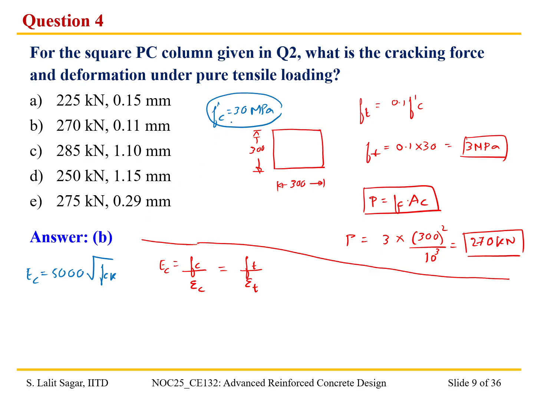First, we are going to convert this cylinder strength into the cube strength, that is fcu is equal to 30 into 1.25, that is how much?